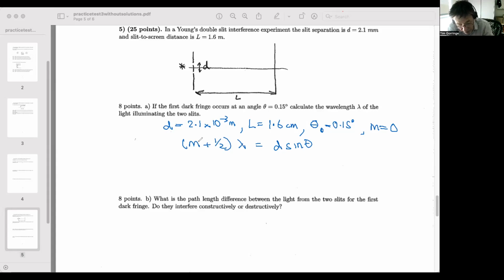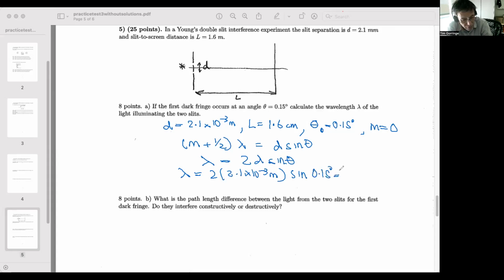I'll plug in m equals 0, and I'll multiply the left-hand side and the right-hand side by 2. That gives me this equation here, which is an equation for the quantity we want to figure out, the wavelength, in terms of the quantities that we know. We know the slit separation is 2.1 times 10 to the minus 3 meters, and we know that the angle is 0.15 degrees.